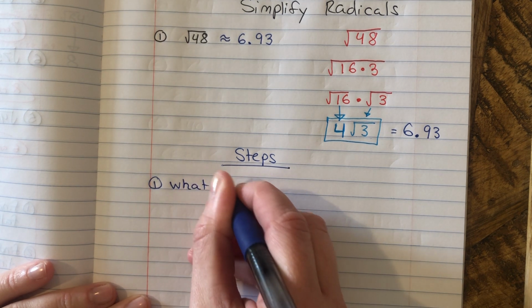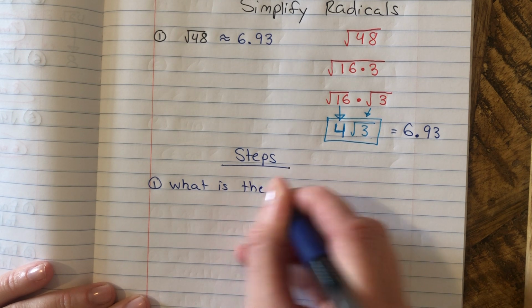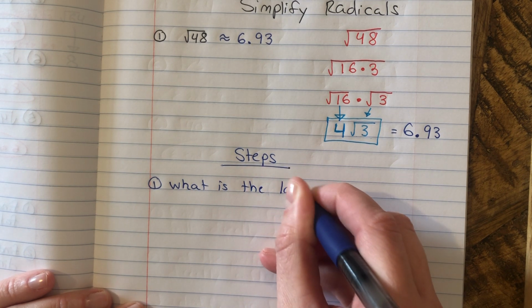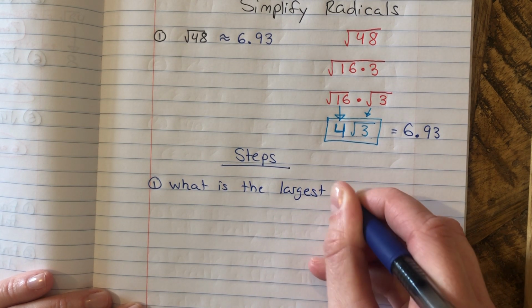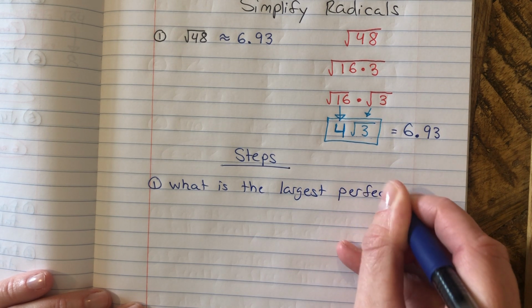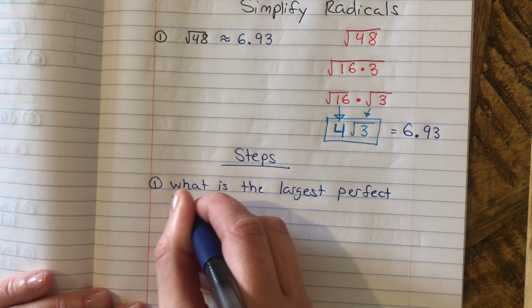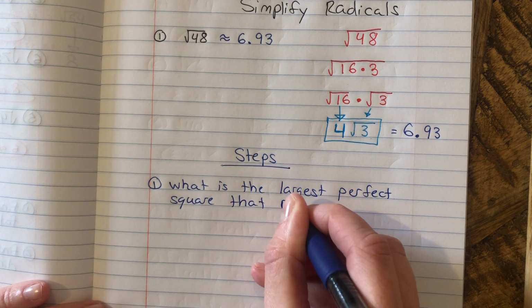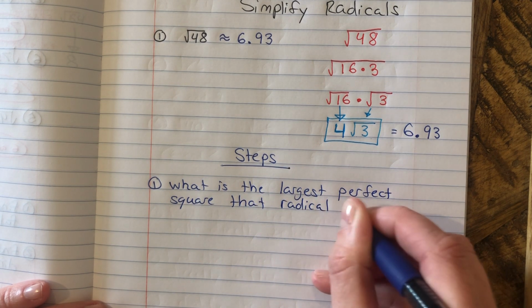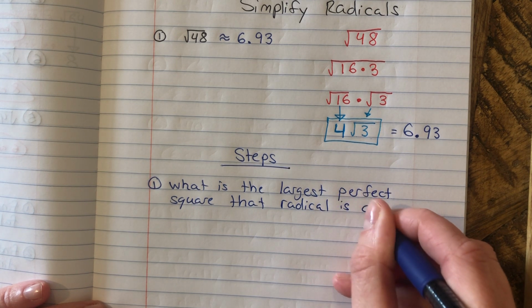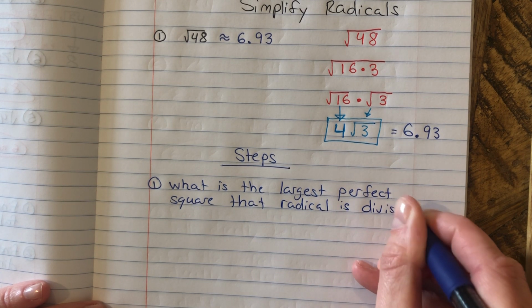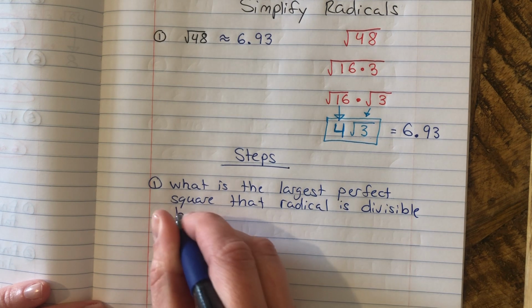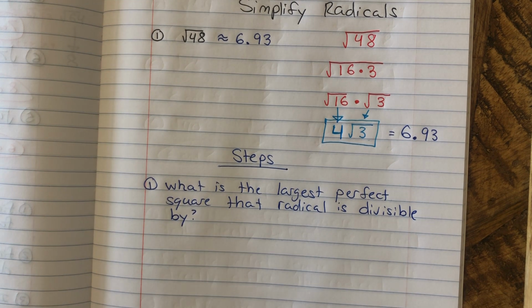So what is the largest perfect square that the radical is divisible by? That would be our first question.